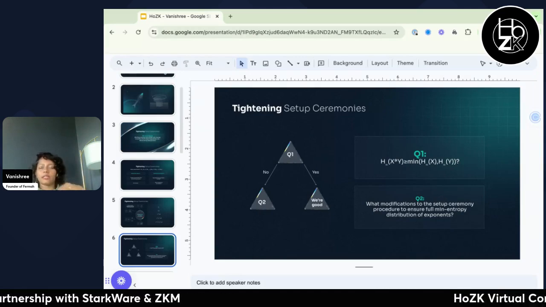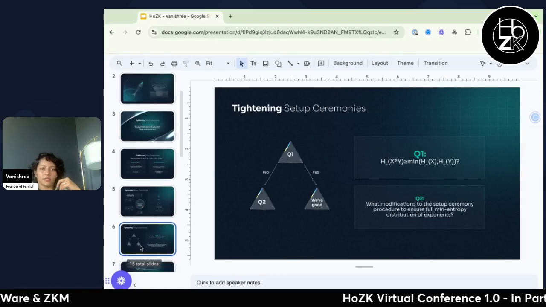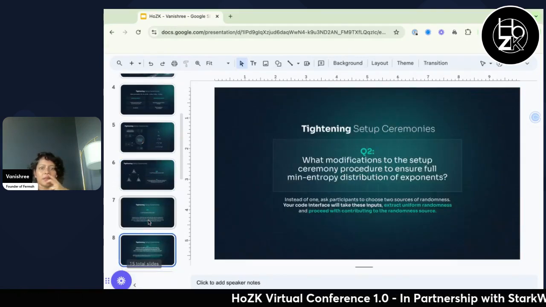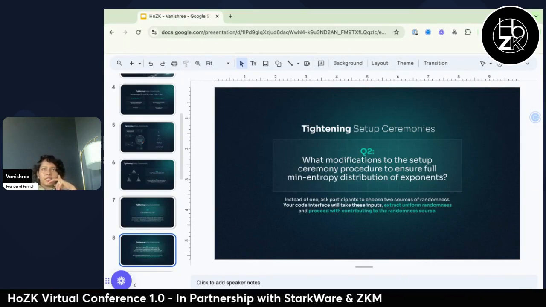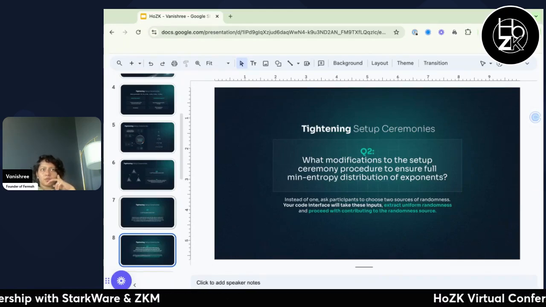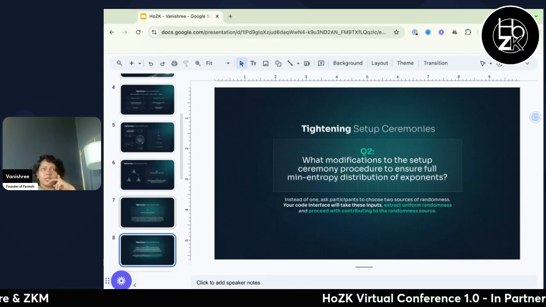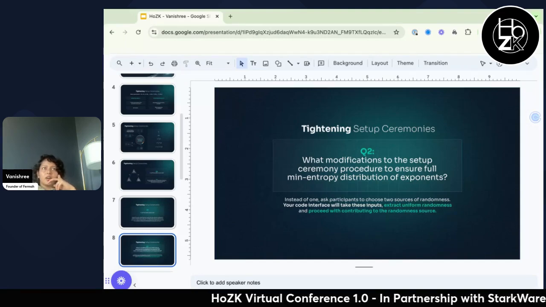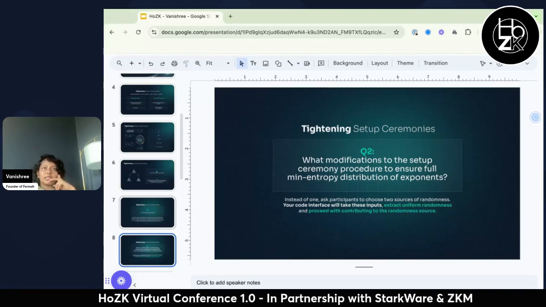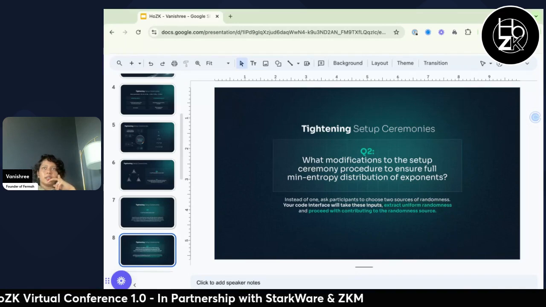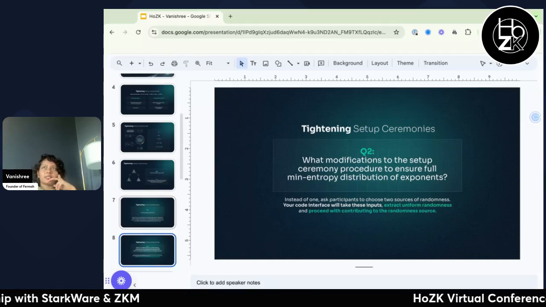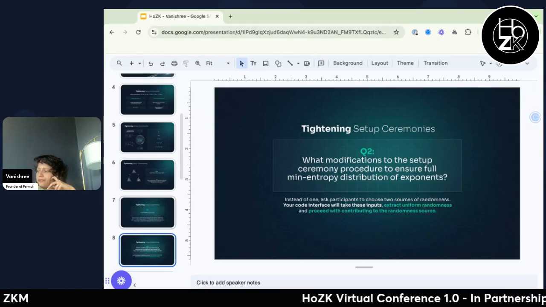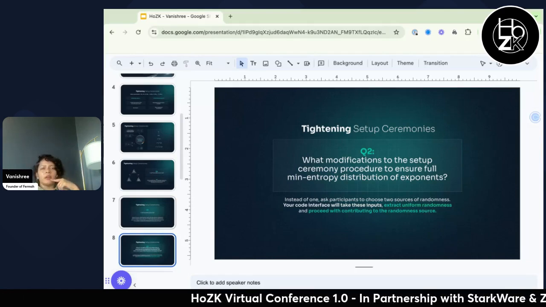Here is a concrete thing I think we should do. I have extra slides for that. Let's just go through them. What modifications can we make to the way we currently do setup ceremonies that can get us closer to where we want?